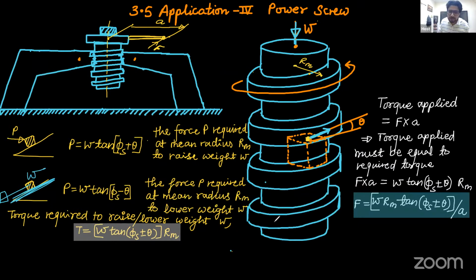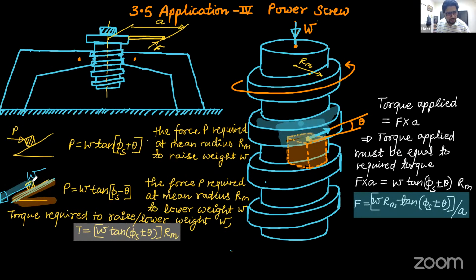Similarly, here the screw is playing the role of weight, and the internal thread is playing the role of inclined plane. The internal thread is playing the role of inclined plane, and the screw is playing the role of weight kept over it.